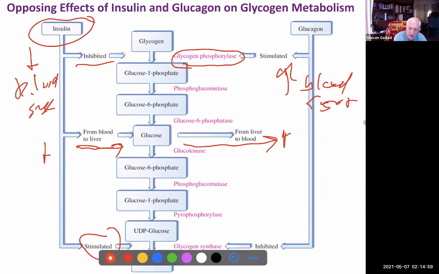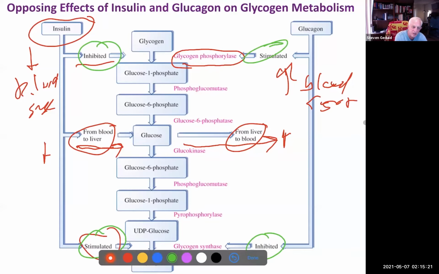You're taking sugar into the liver and using it to form glycogen. Here you're taking it out of the liver and putting glucose into the bloodstream because your body needs it. It's always the opposite: stimulation and inhibition, then inhibition and stimulation. Insulin takes sugar from the blood to your liver to store as glycogen. Glucagon takes sugar from your liver and puts it back into your bloodstream.